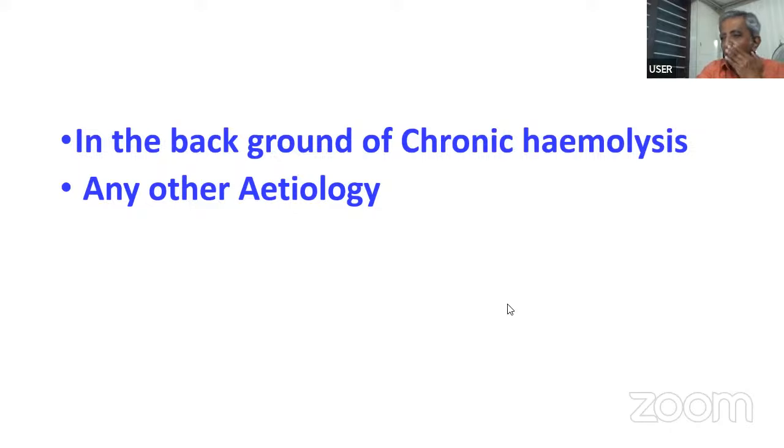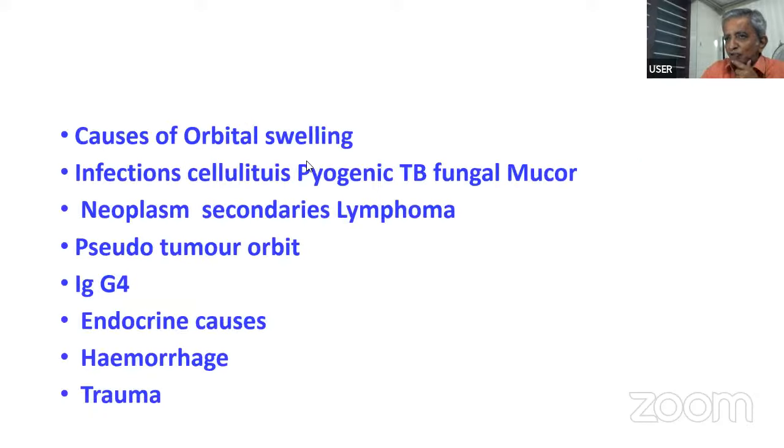Question is, the patient has chronic hemolysis. The patient developed an orbital swelling. We have eliminated infection; there was no finding to suggest it, even though the ophthalmology people said cellulitis. I didn't agree with that. There is no question of neoplasm.